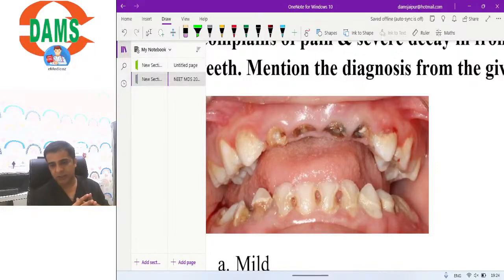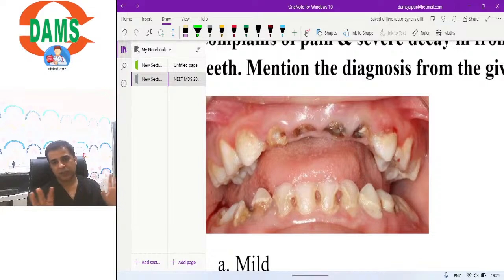The theoretical solution is you have to find the source of pain if you are not sure of the diagnosis. So the first treatment involves gross excavation and temporization with ZOE. ZOE acts as a mild sedative, so we just have to grossly excavate whatever teeth the child is complaining of or not complaining of.